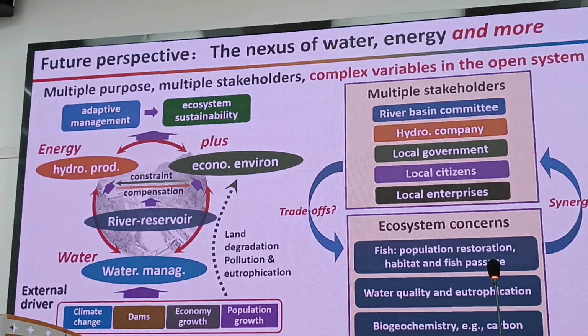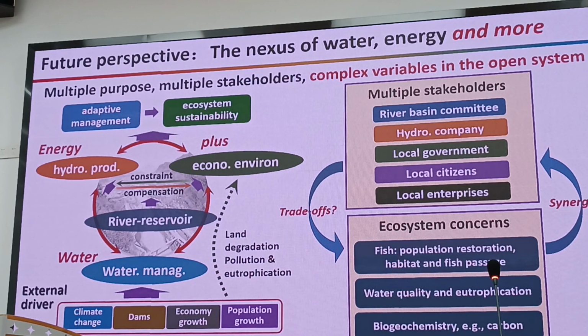In ecohydrology, we think about multiple purposes, multiple spatial purposes, and complex variables in open ecosystems. For instance, in the upstream we may meet water, energy, and more. For hydropower, there is water energy production. For water management, on the ecohydrology side, you need to think about climate change.